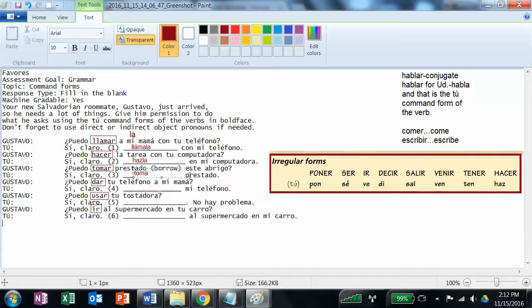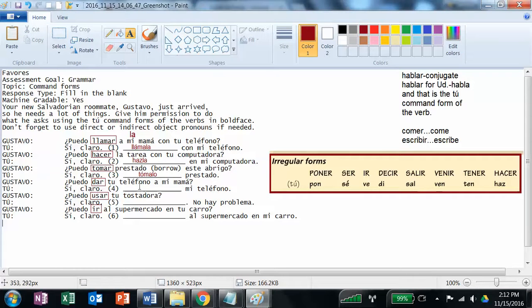Without the lo on there, the accent is supposed to fall on the second to last syllable, which is the O. When I add the lo, it's supposed to still fall on the second to last syllable, which would now be the A, but I want it to fall on the O, so I have to write in a written accent mark. Tómalo.